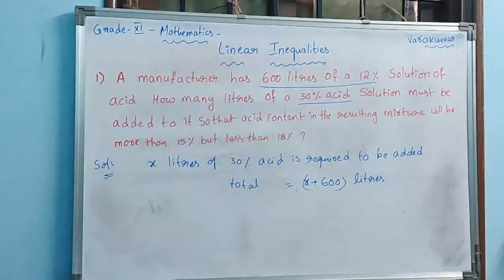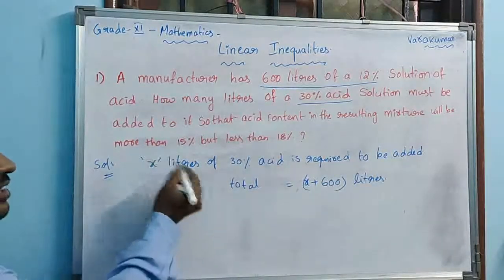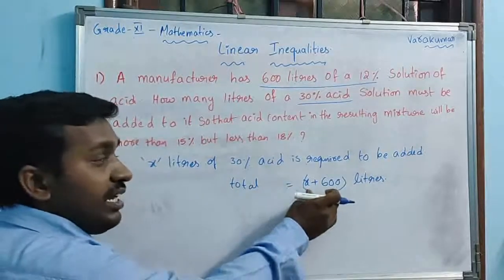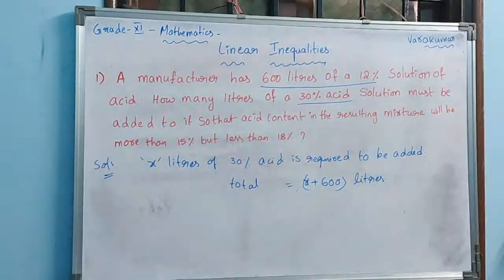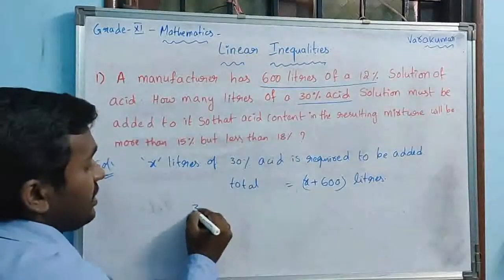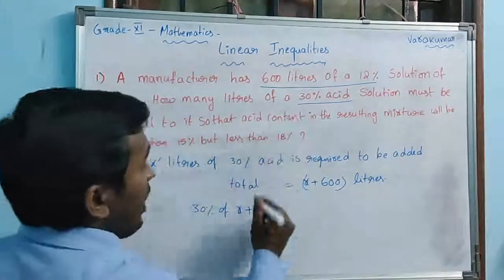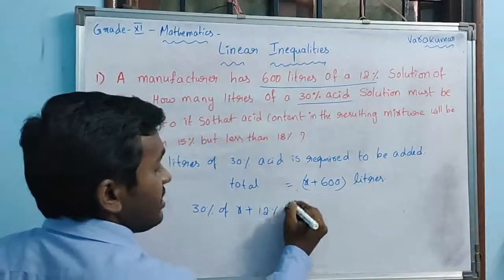I think you understood. So I have taken X liters of 30% acid, and this I am going to add to the 600 liters, making X plus 600. Now what is given? 30% of X plus 12% of 600.